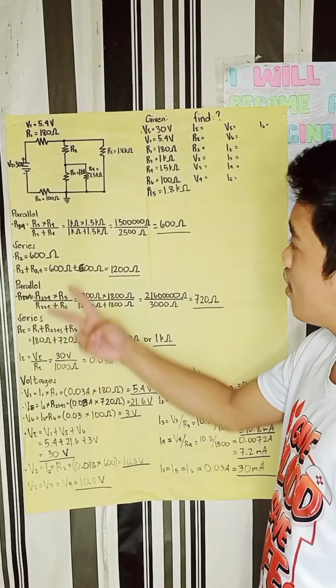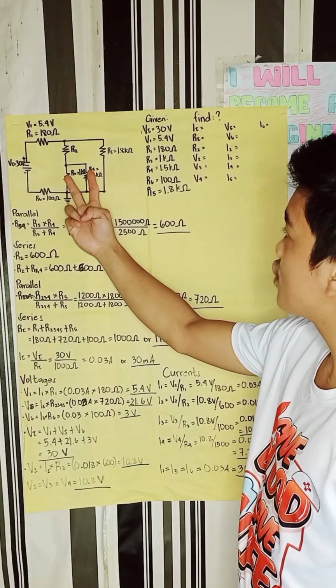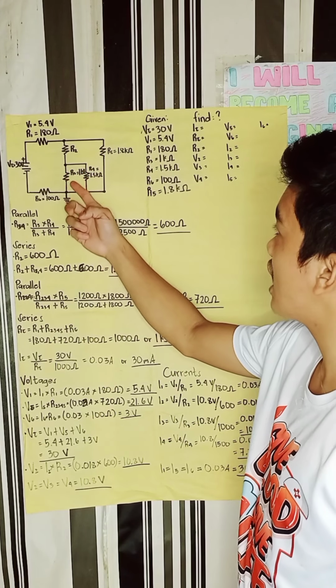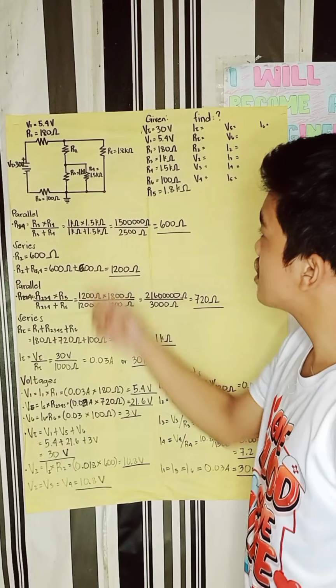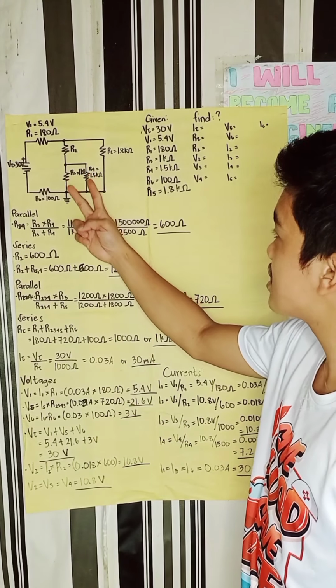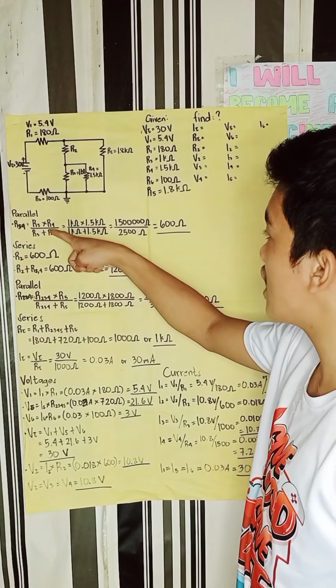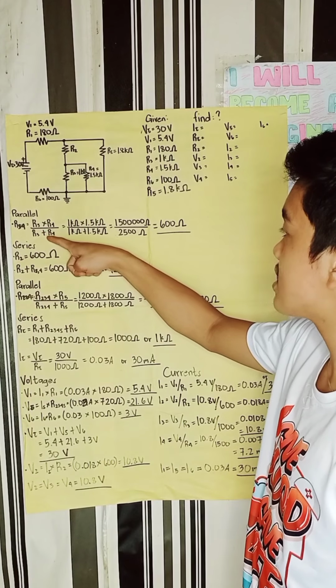First, we will find the equivalent resistance of this parallel circuit, the R3 and R4. R3 and R4 are unequal resistors, so we will use this formula: R3 times R4 all over R3 plus R4.